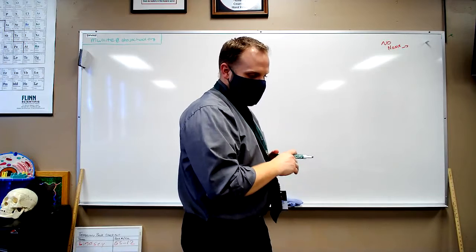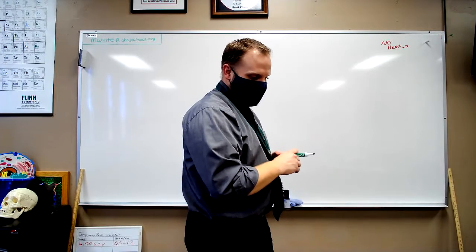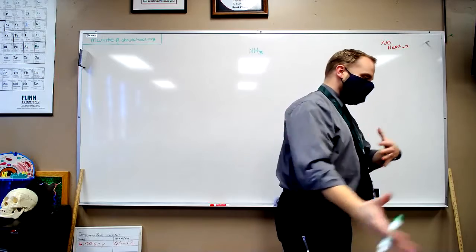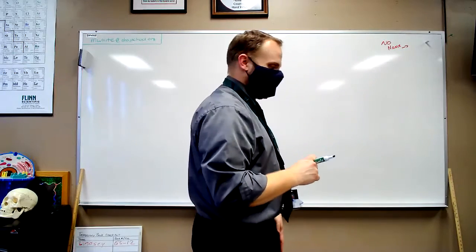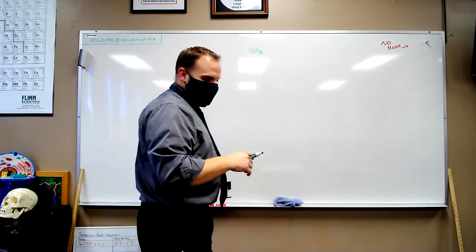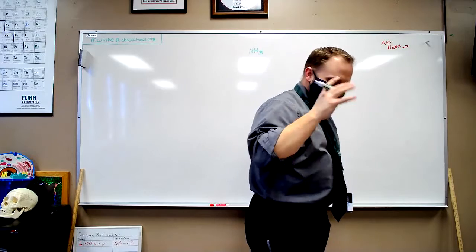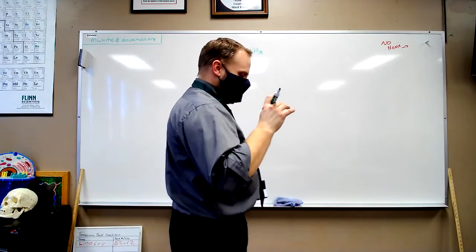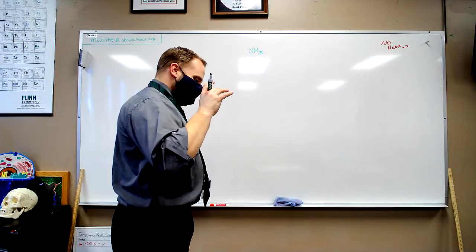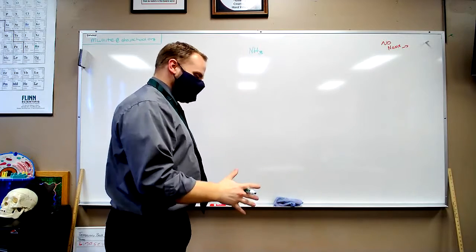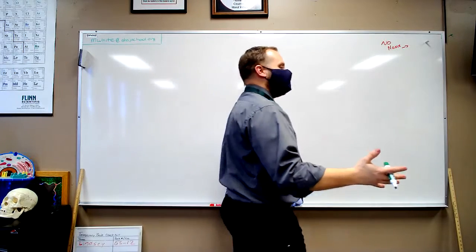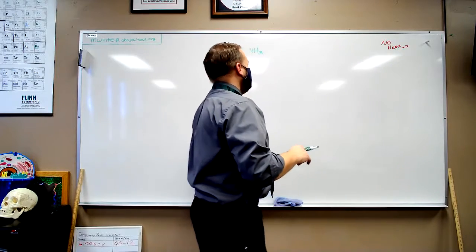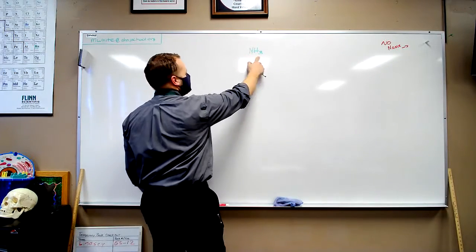A Bronsted-Lowry acid needs to be able to give this hydrogen ion. But the difference is a Bronsted-Lowry base is able to accept the hydrogen ion. And that's what happens here.